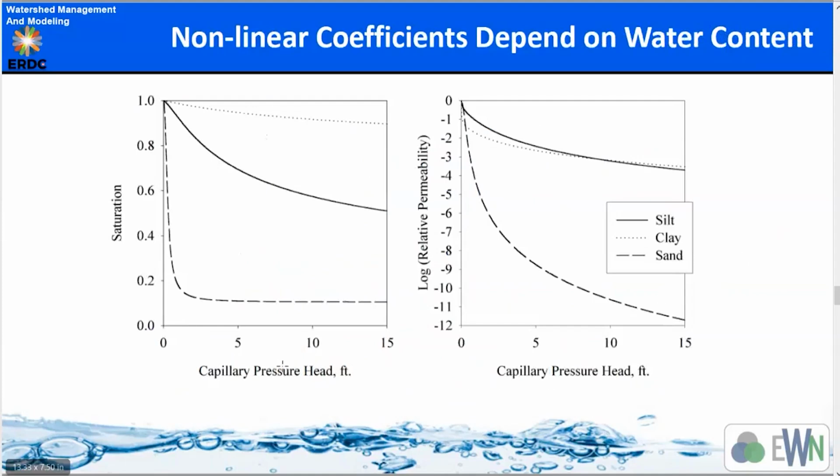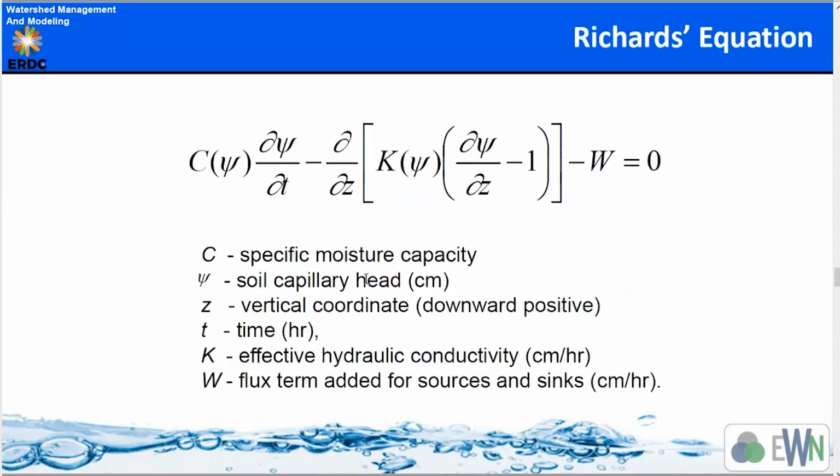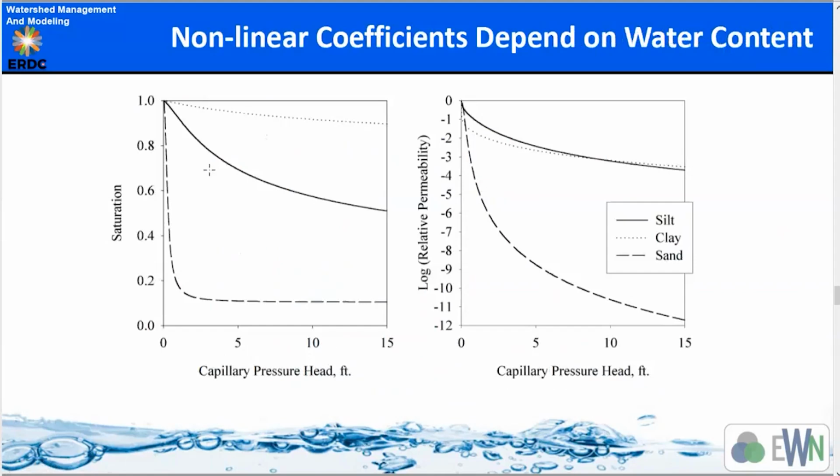If you look at this term, the specific soil capacity, as it varies over saturation, you can see these nonlinear curves, and then we saw this log of permeability. Permeability is a term for hydraulic conductivity for any fluid, basically, not just water. This is a log, right?